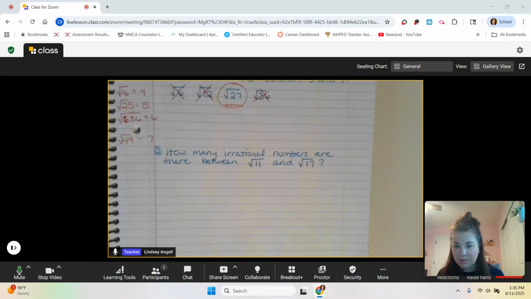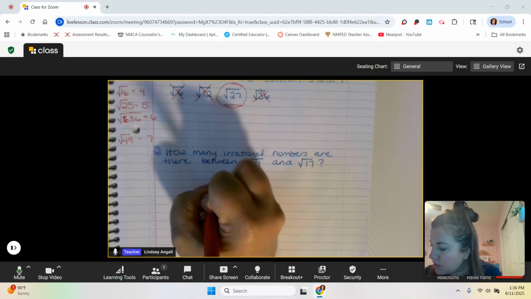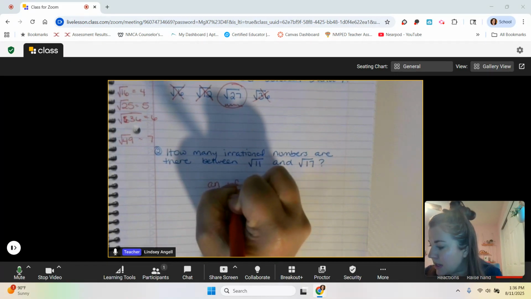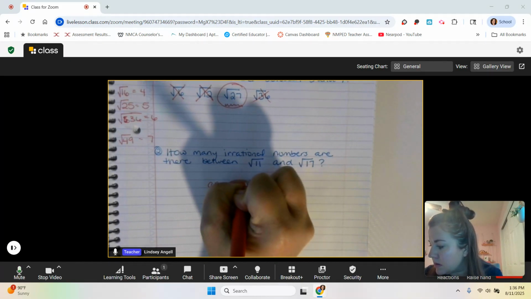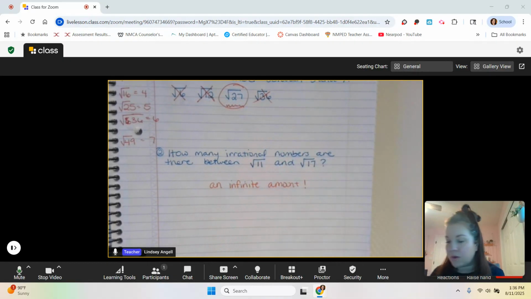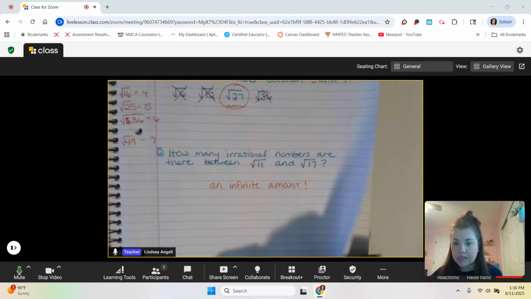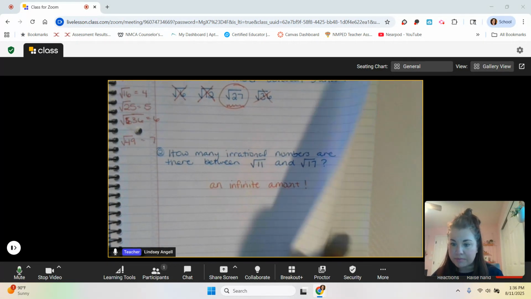There's an infinite number between any two numbers, because you can go on to as many place values as you possibly can, which also means there's that many irrational numbers too. So our answer would be an infinite amount, meaning it just goes on forever and ever. You can't put an actual number on that.